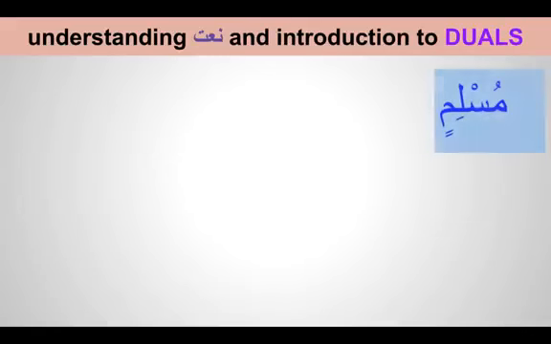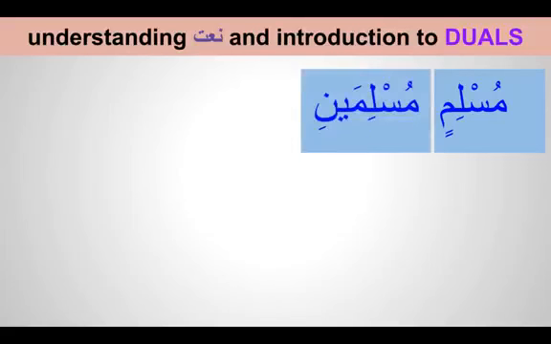If you want to say Muslimin in the Majroor form, how do we say two Muslims in the Majroor form? We will say muslimaini again. So duals and plurals follow the same pattern, where mansoob and majroor are exactly the same, so we identify them depending on the word which comes in front of it.